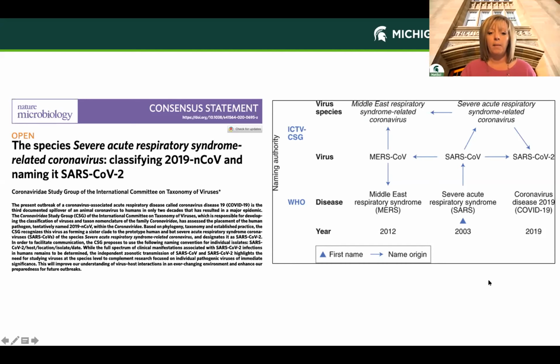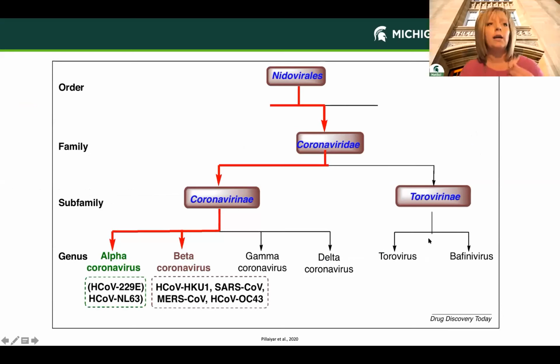And then we can think about the hierarchical classification of the virus as well. There's an order and a family, Coronaviridae, and then within that family, we have a couple subfamilies and then different genera. The alpha coronavirus genus does have human coronaviruses that infect humans, but they cause diseases that are more like the common cold.